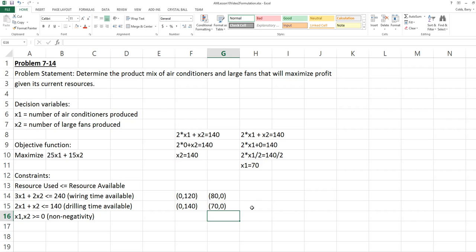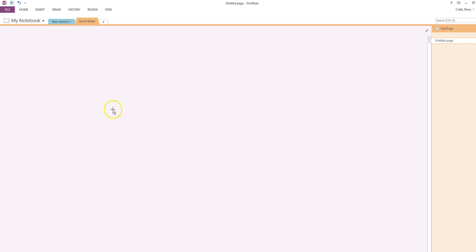Now we're ready to graph these two lines. We have x1 on the horizontal axis and x2 on the vertical axis.